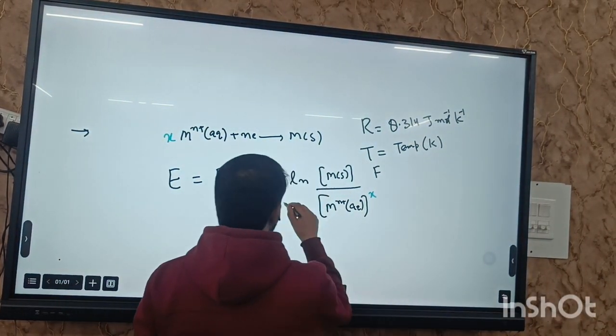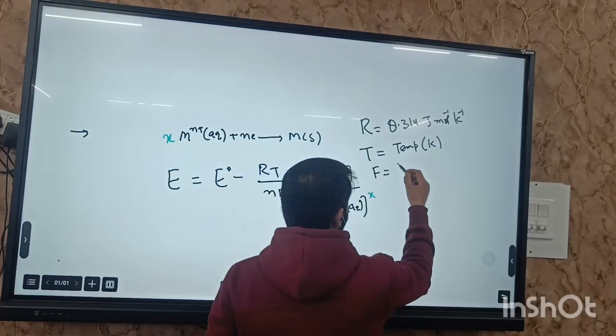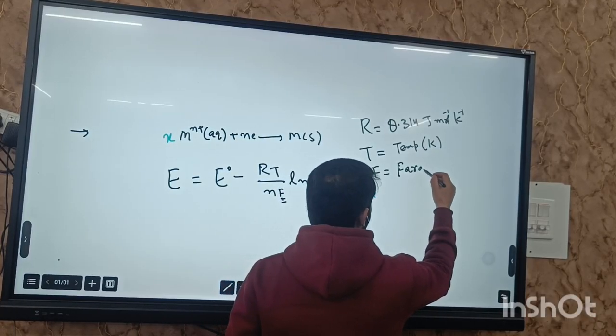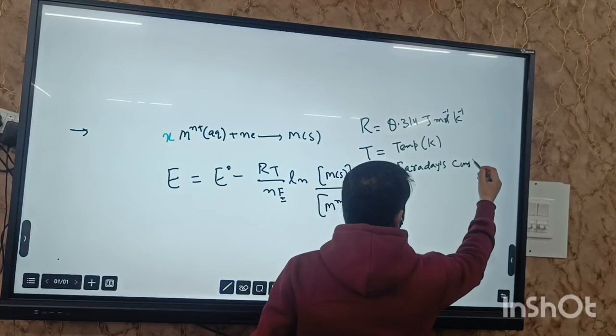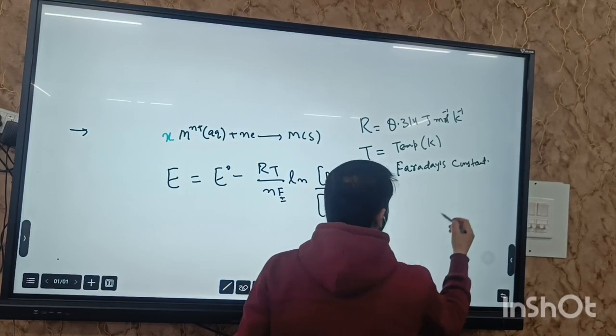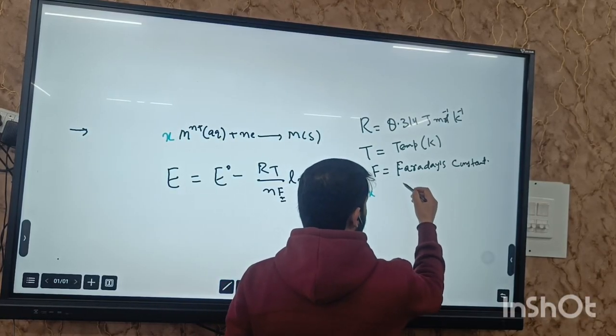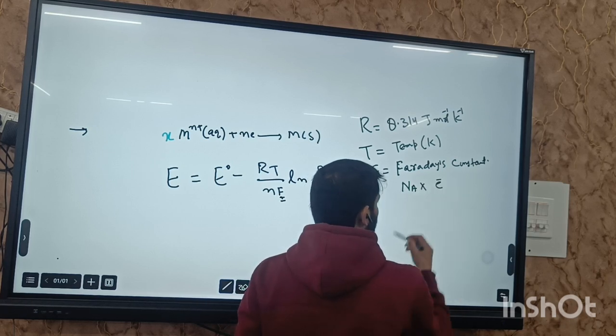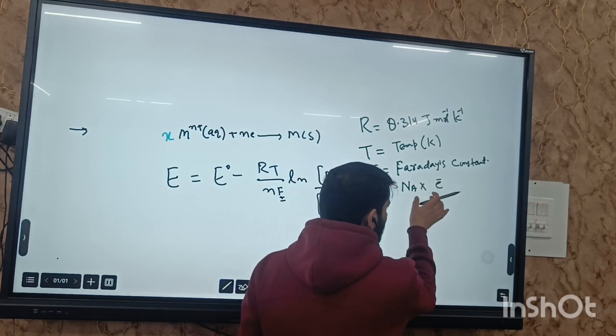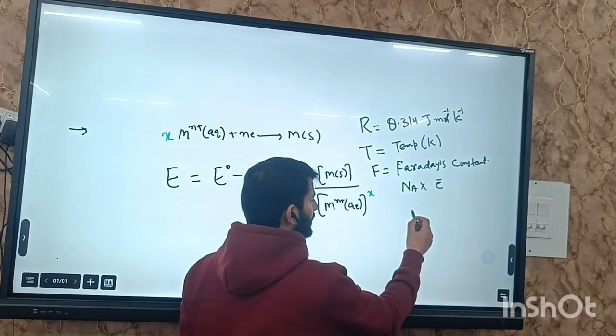And then we have this F here. What is F? F is Faraday's constant. It is nothing but the product of the Avogadro number multiplied by the charge on each electron, so it is actually the charge on 1 mole of electrons.